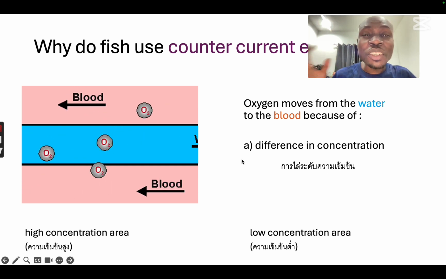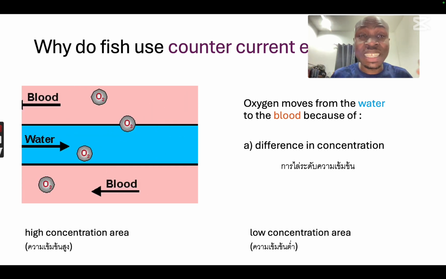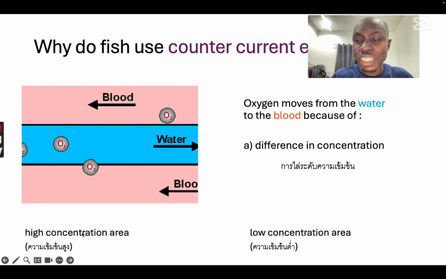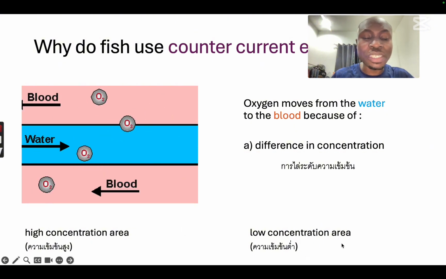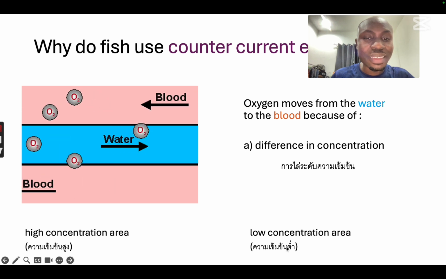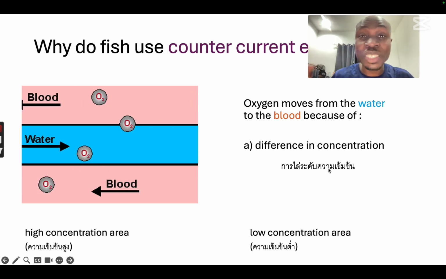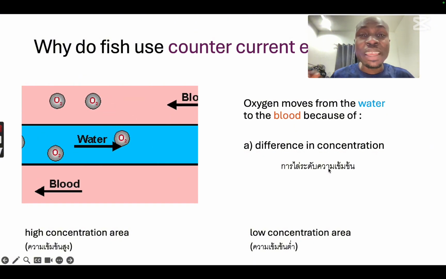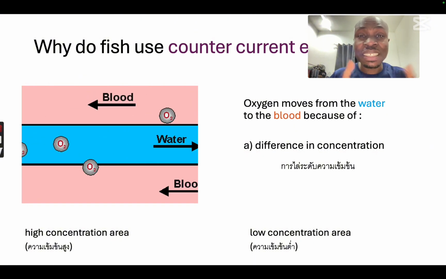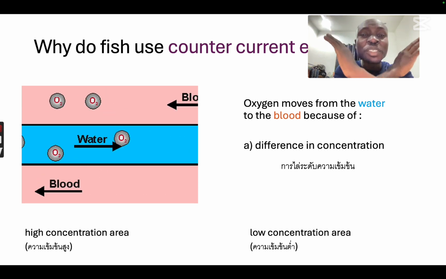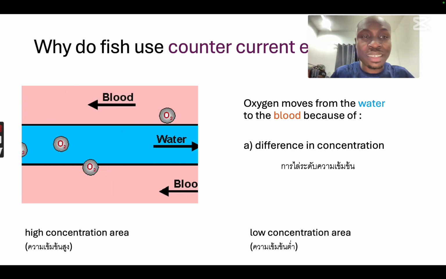There is more oxygen in the water than in the blood, so the oxygen will move from high concentration area to low concentration area. There is a difference in concentration of oxygen. If the concentration is the same, the oxygen cannot move from the water to the blood.